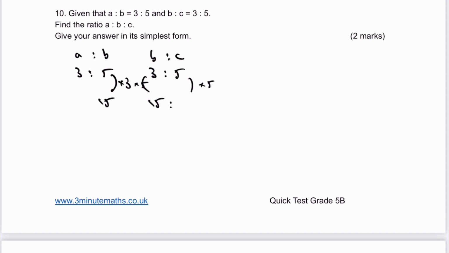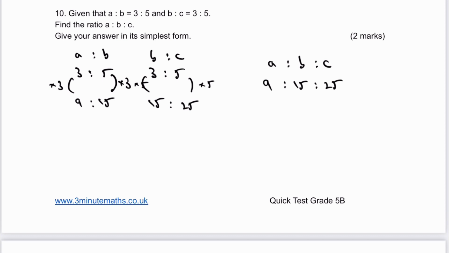So I have to multiply C by 5, that's going to give me 25, and I have to multiply A by 3, and that's going to give me 9. So now at long last I can actually write A to B to C as 9 to 15 to 25, and that would be the answer to that particular question.